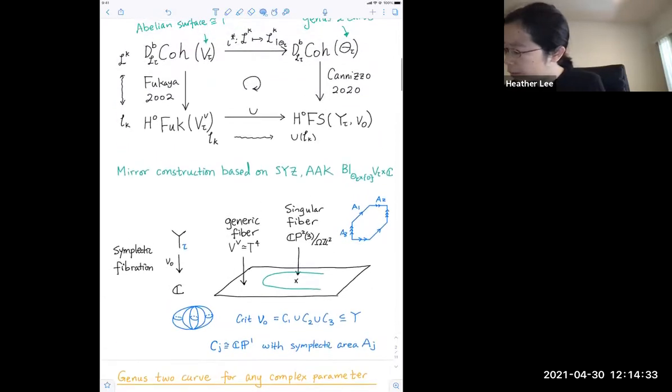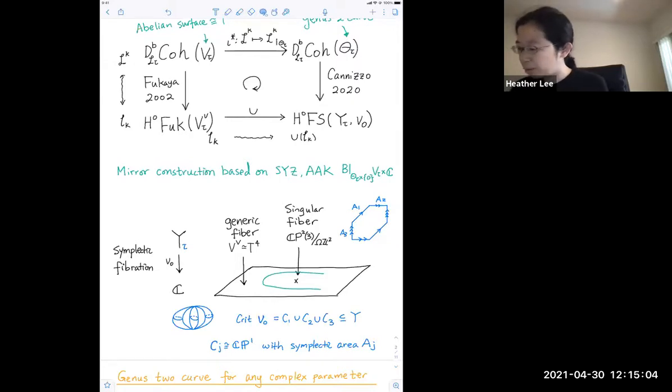If I just draw the hexagon, that's the moment polytope of CP2 blown up at 3 points. Then this group action identifies the opposite sides, so we get something that looks like this as the moment polytope. The critical locus of the superpotential is the boundary of this polygon.